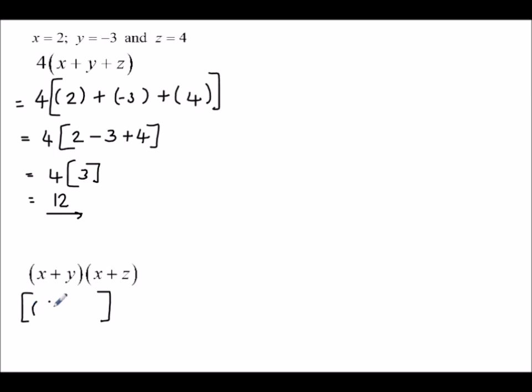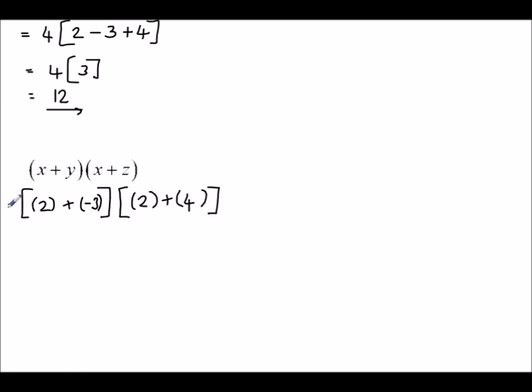Then I've got x plus y, square brackets, because those are the brackets I had previously, x plus z. Now I go and do the substitution. So x's value is 2, y's value is negative 3. X's value is 2, z's value is 4.